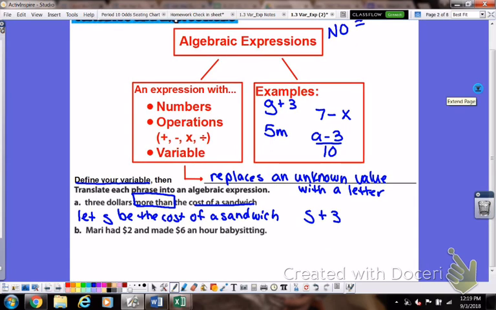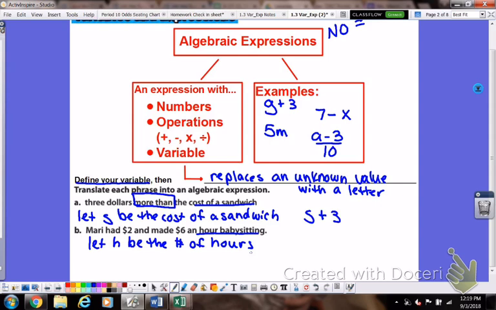Part B, Mari had $2 and made $6 an hour babysitting. So what don't we know this time? We don't know how many hours she babysat. So let H be the number of hours.